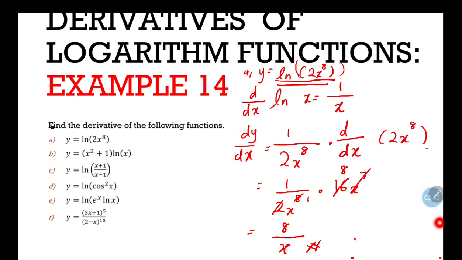There are 2 steps here. First, whatever in the bracket, you put like this, and then multiply with the derivative of whatever in that bracket. I hope you can see this. So I hope with more examples you will have a clearer view on how to solve equations that involve log functions.